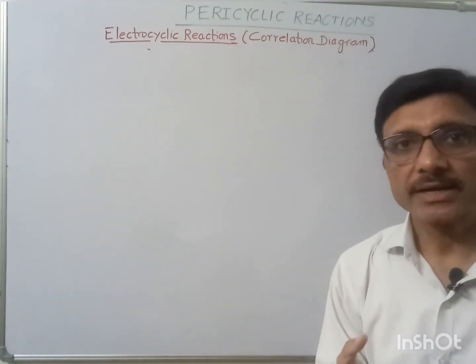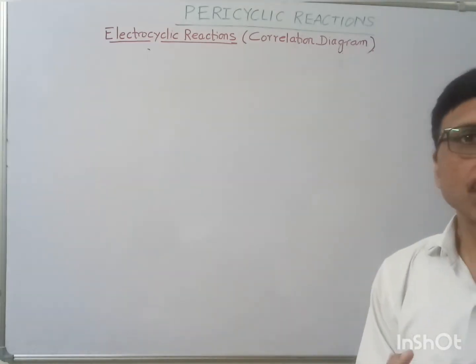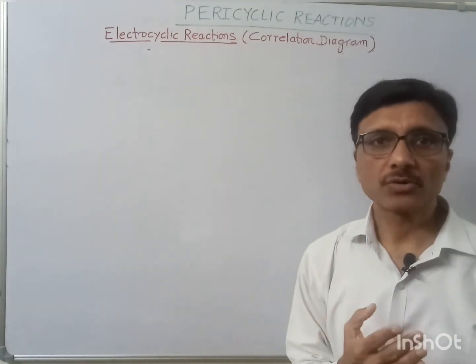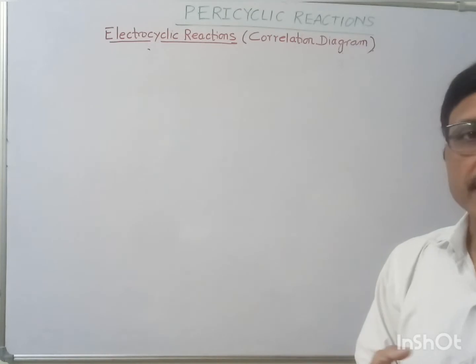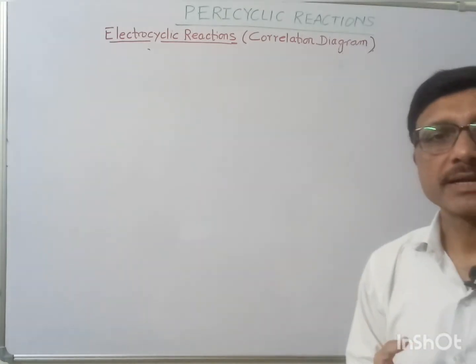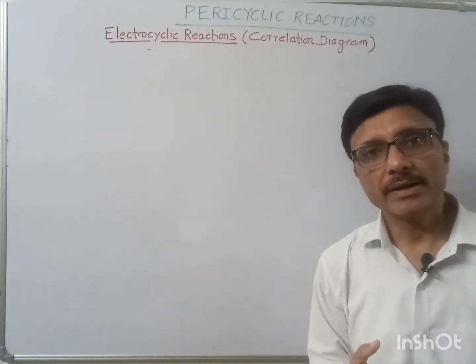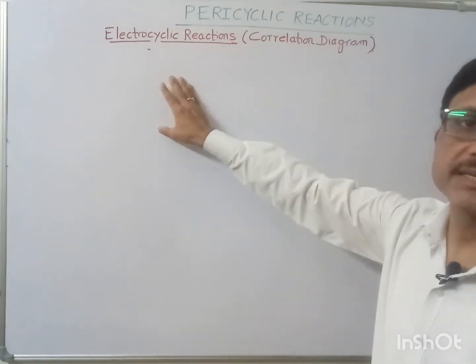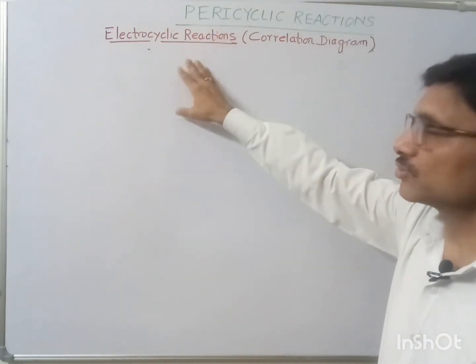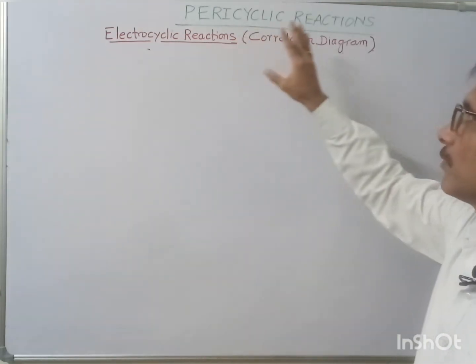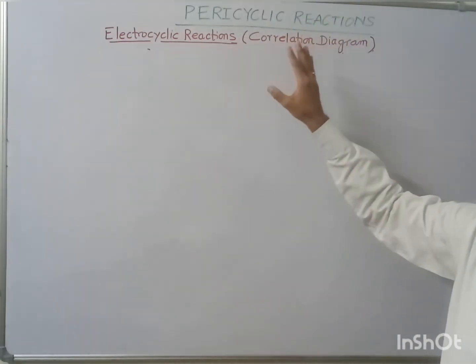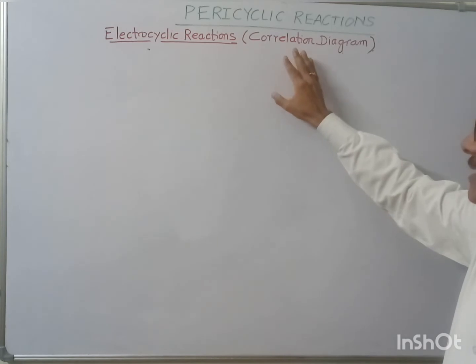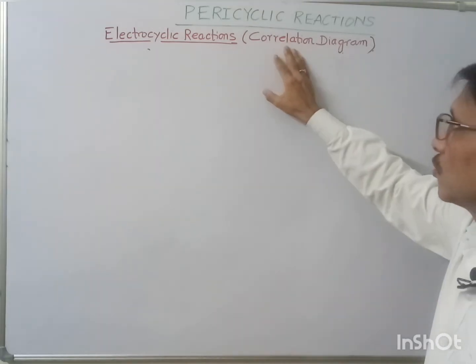Like this allylic cation, it is a 4n plus 2 electron system, and allylic anion is a 4n electron system. So we are analyzing the electrocyclic reactions with the help of the orbital symmetry correlation method, that is, with the help of the correlation diagram.